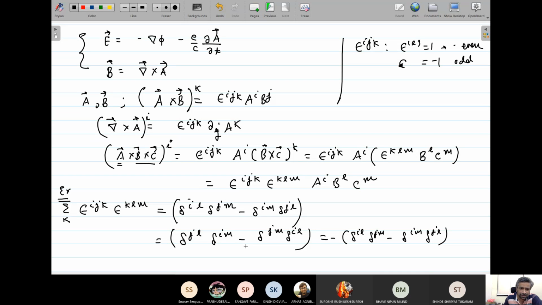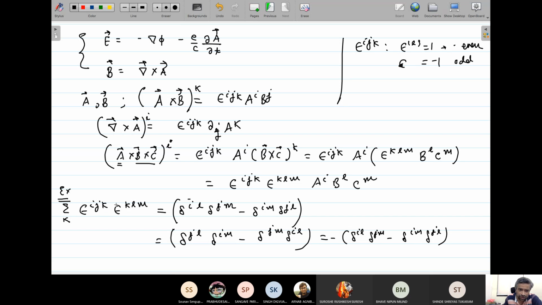Under the exchange of l and m, k is summed over, so you don't have to bother about it. Written in components, it will be epsilon ij1 epsilon 1lm plus epsilon ij2 epsilon 2lm and so on.